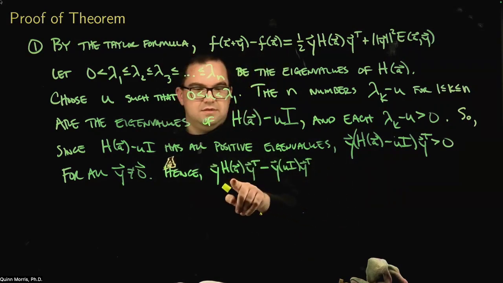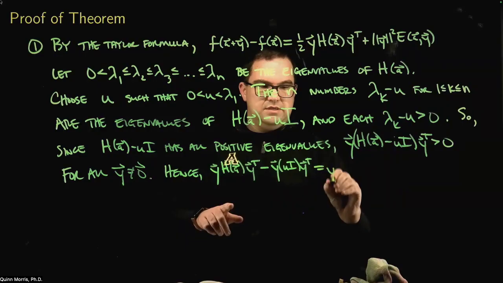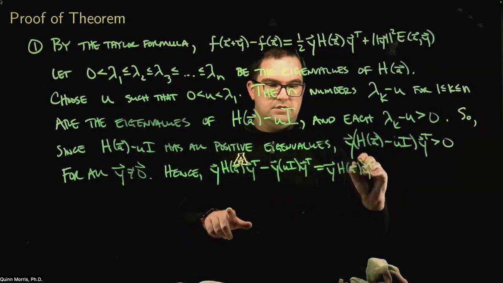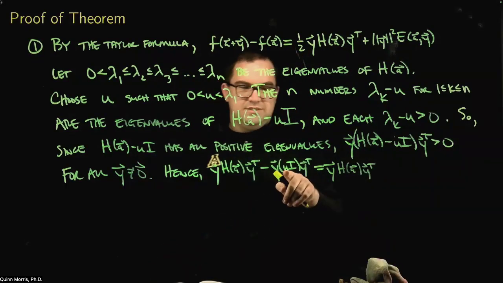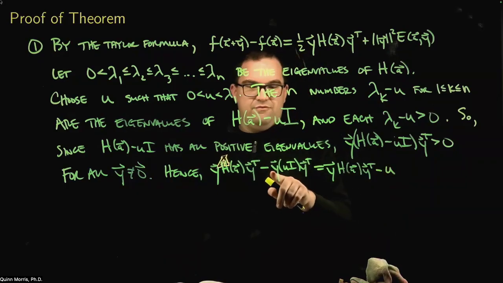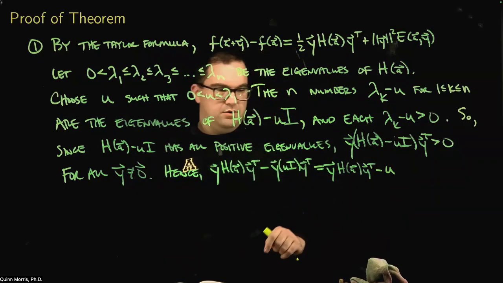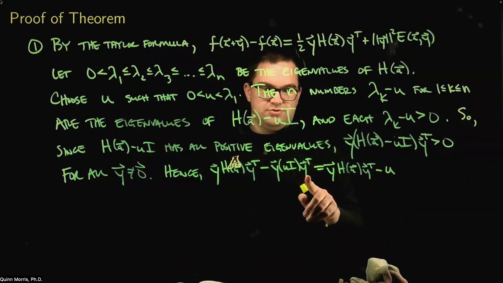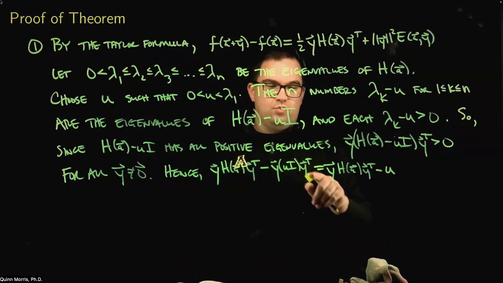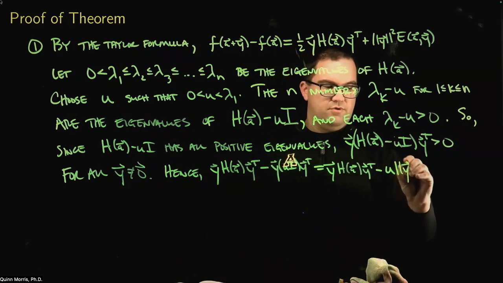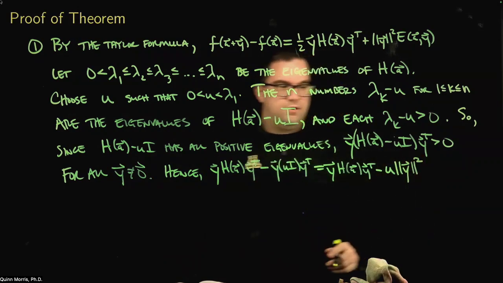But if I look at this, this is y h of a, y transpose. Okay, this u is a scalar, so I can pull it out front. And then I have y times the identity matrix times y transpose. Well, the identity matrix times y transpose is just y transpose. Okay. Y times y transpose, that's just the inner product of y with itself. So this is the norm of y squared.